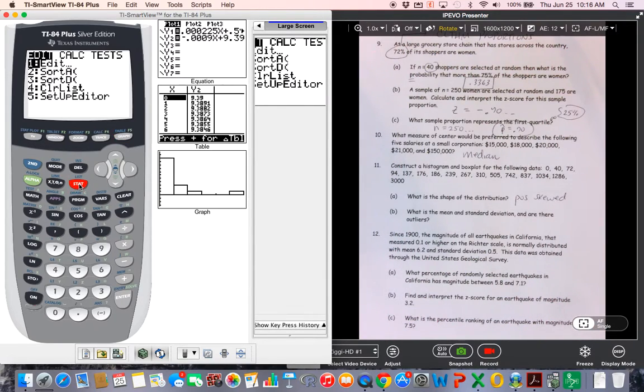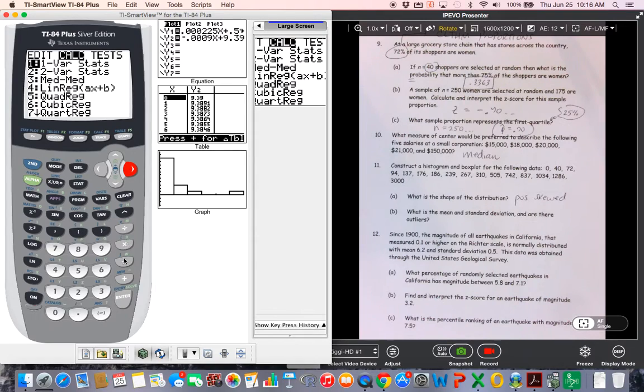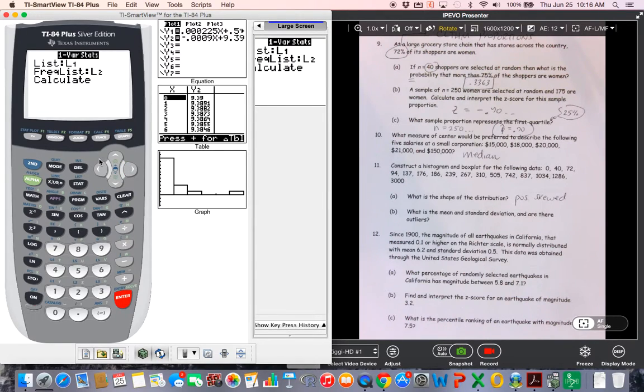Well, I'm going to use my calculator. So I want my numbers in L1, but guys, my frequency list, I want that deleted. I don't want a frequency list. All my numbers are in one list. So I leave that blank when I don't have a frequency list.